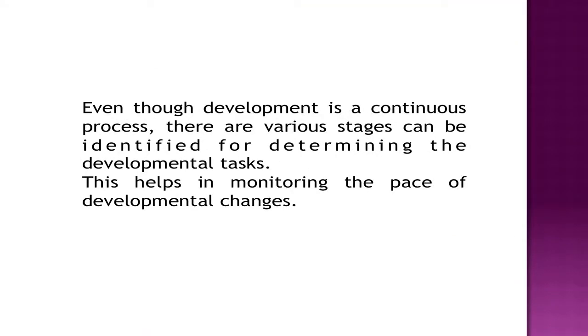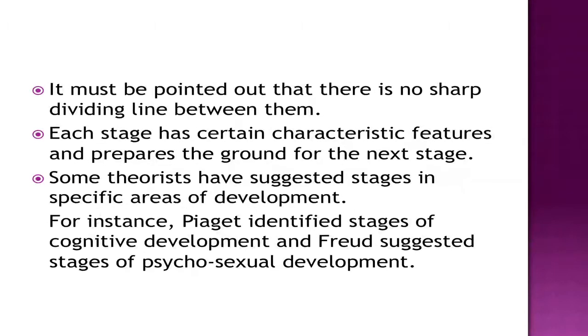Even though development is a continuous process, some theorists believe that various stages can be identified for the sake of locating major shifts and determining the development task. This helps in monitoring the pace of developmental changes. It must be pointed out that there is no sharp dividing line between them.